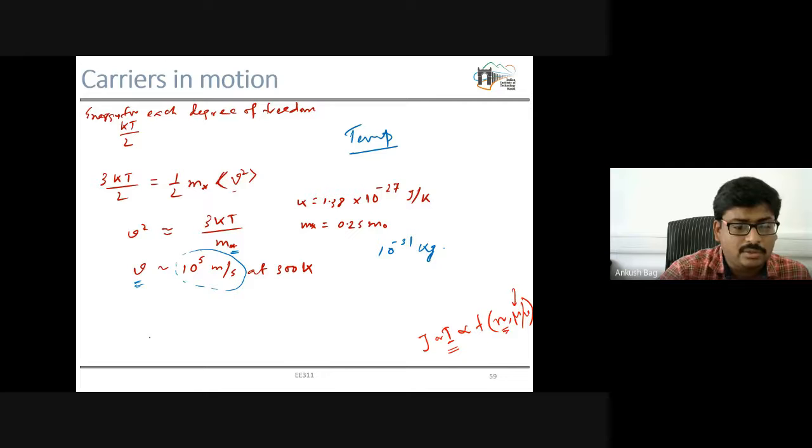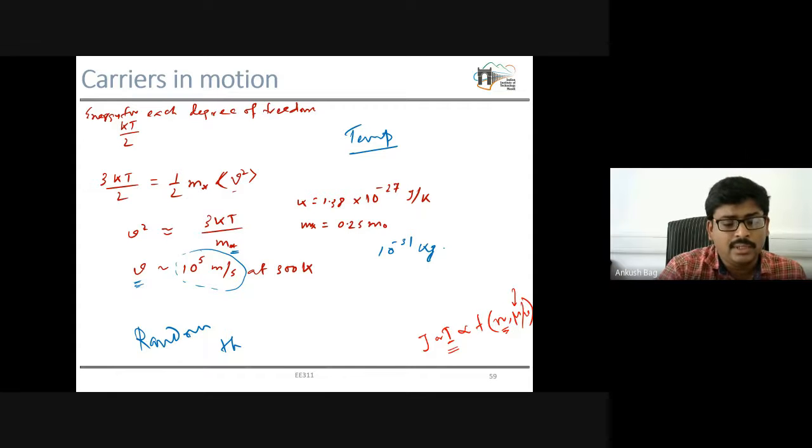That is why this is also called random thermal motion, because this is entirely random, so it will not give us any current, because for current, as we know, we need directed motion of carriers. Otherwise, some carriers are just jumping around here and there, and it will not give us any current, although there is a movement. So this is called random thermal motion.